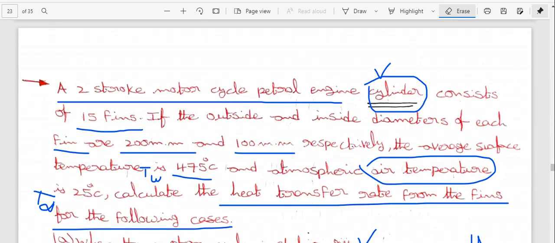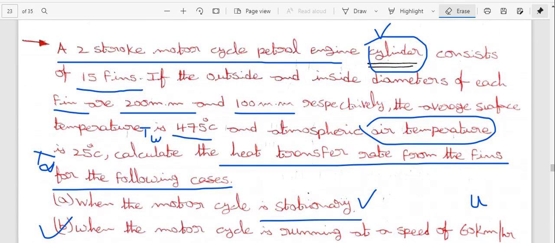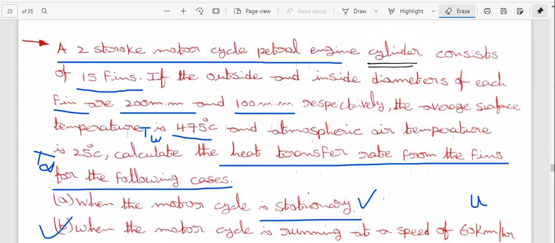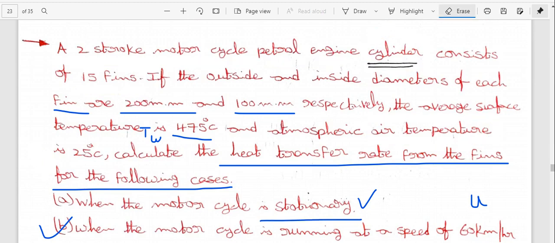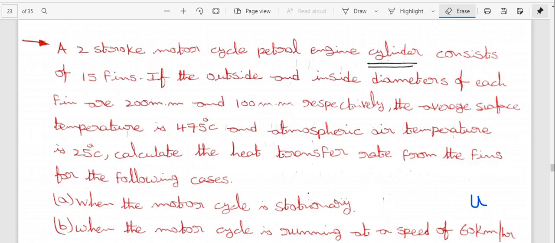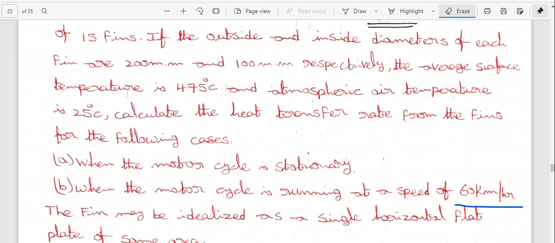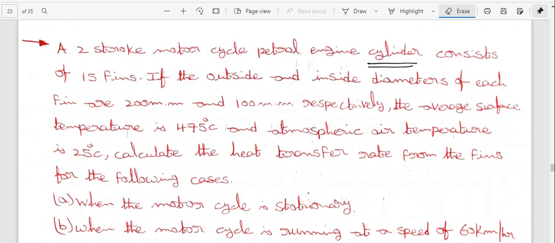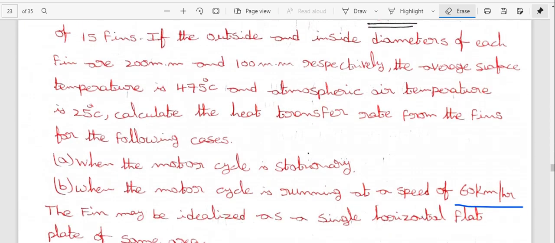In this previous question, the fins are mentioned. From the examination point of view, most of the students are going to take the fins concept. How many number of fins? So this problem is a fins problem. This is not a free convection.